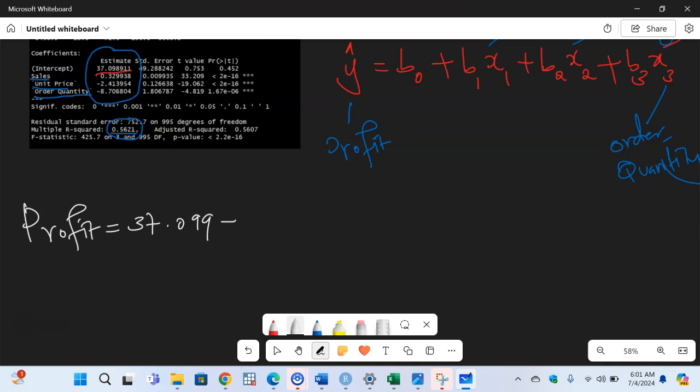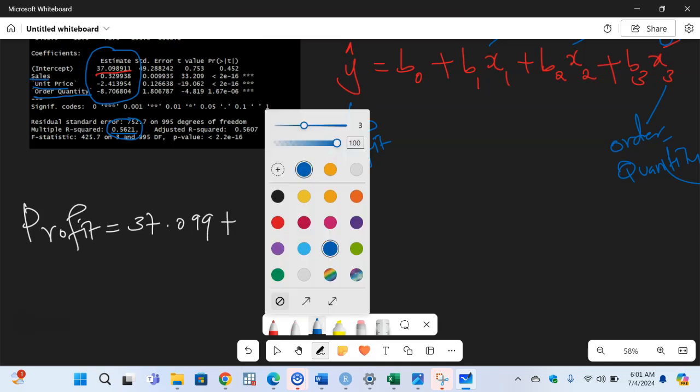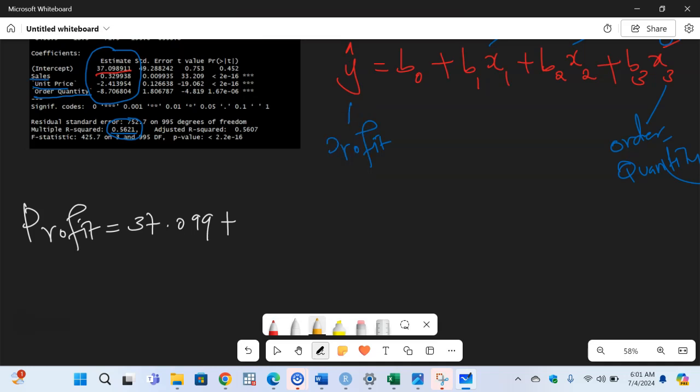Then the next thing is you add 0.3299 of sales, then plus what, plus -2, which basically means we're subtracting again.